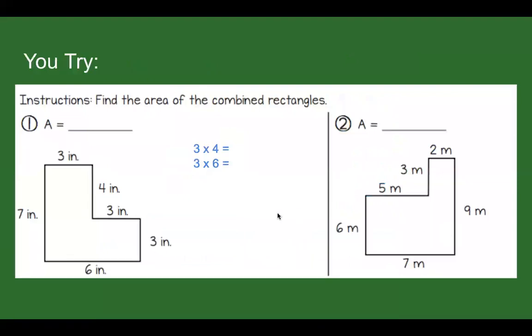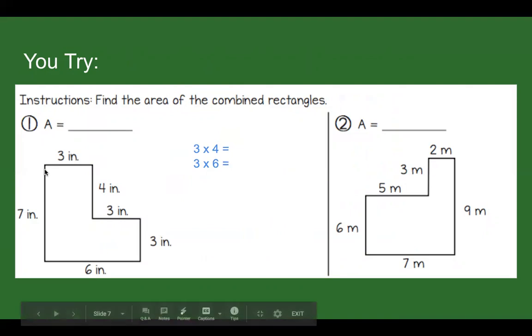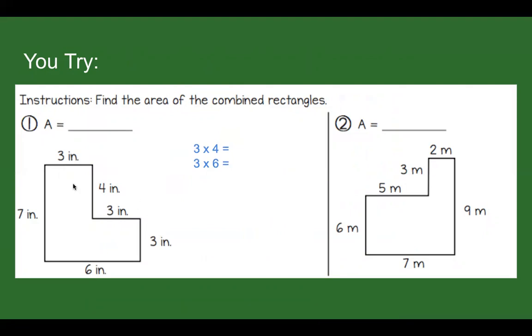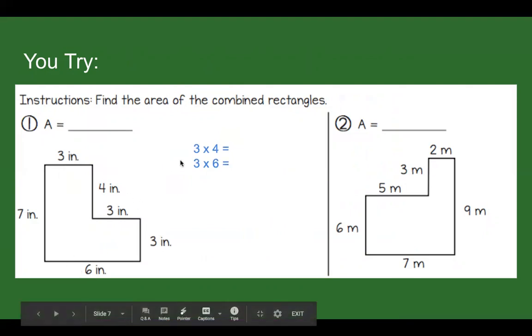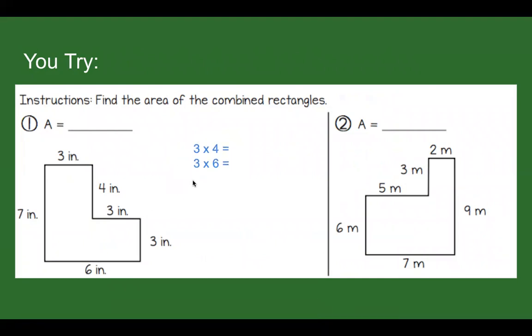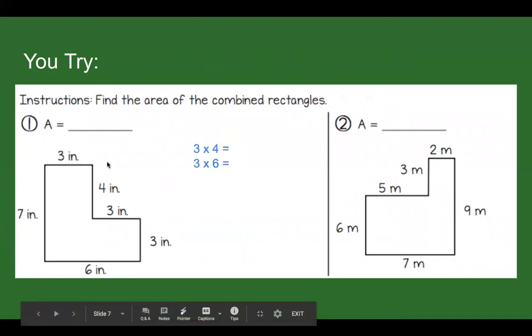Okay, so now I want you to try this out. I gave you a figure here, and I want you to try to find the area of the entire figure. I gave you some helpful hints up here of where you can start, because I know sometimes it gets really overwhelming when you see so many numbers.